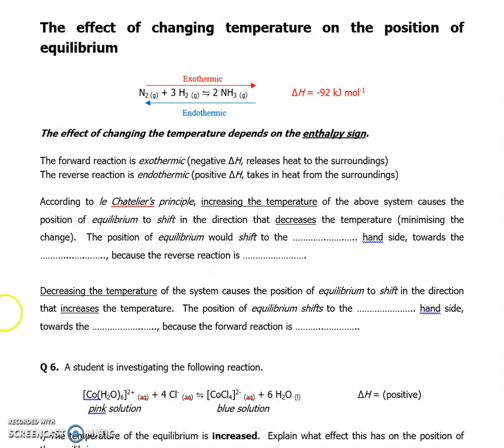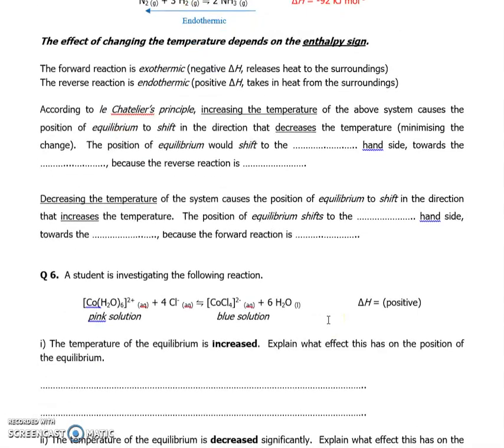If you were to decrease this reaction temperature, the effect would be to shift the equilibrium to the right towards the product because the forward reaction is exothermic. And that's usually all you need to say to get your marks in the exam.